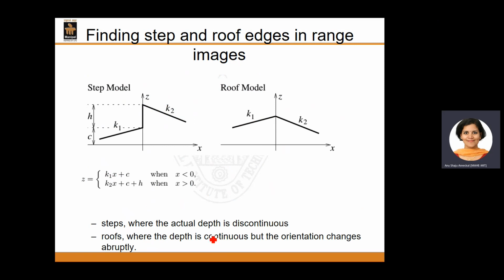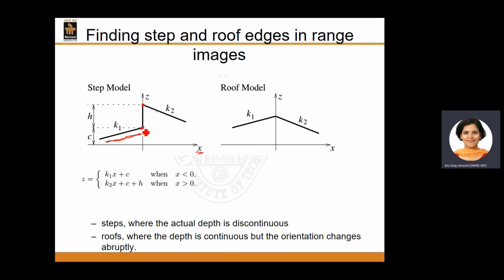So this is an illustration of a step model and a roof model. In the step edge, let's say you have values which are increasing, and at one particular point the value abruptly increases to another value, and then it starts decreasing from there. So at this particular value of x there is a sudden increase in the depth.